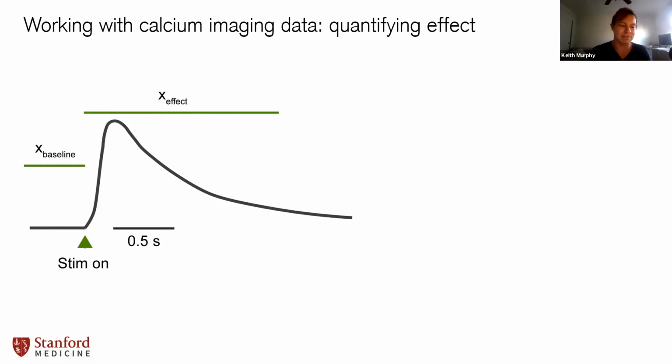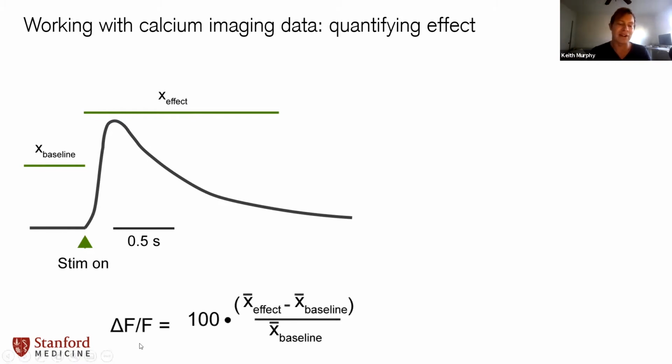The very typical formula and notation for this is delta F over F, where the F in the denominator refers to the baseline and the delta F refers to the change relative to the effect. So you would subtract the difference, normalize to baseline, and people typically multiply by 100.